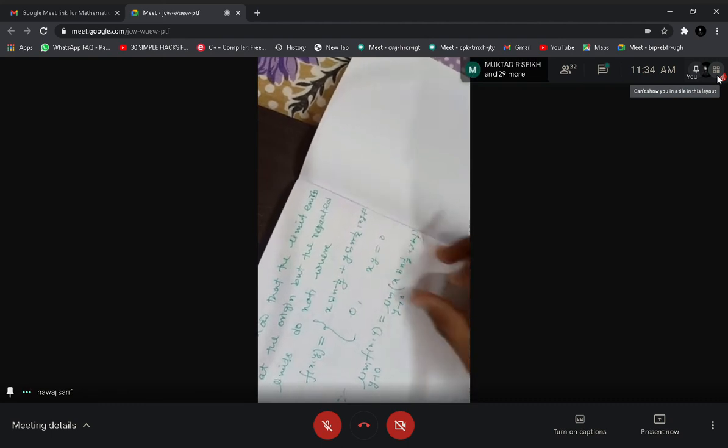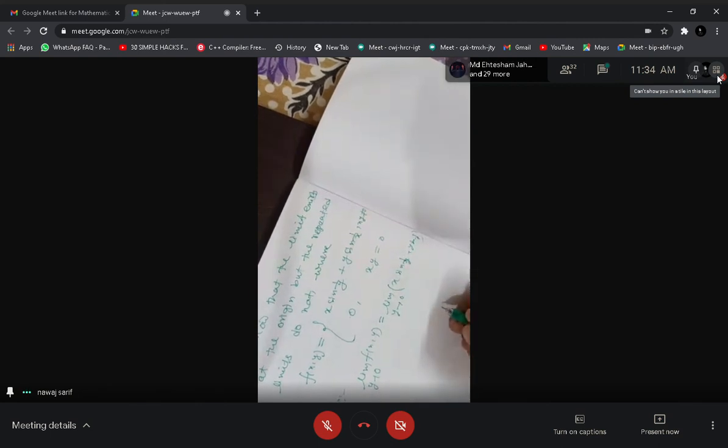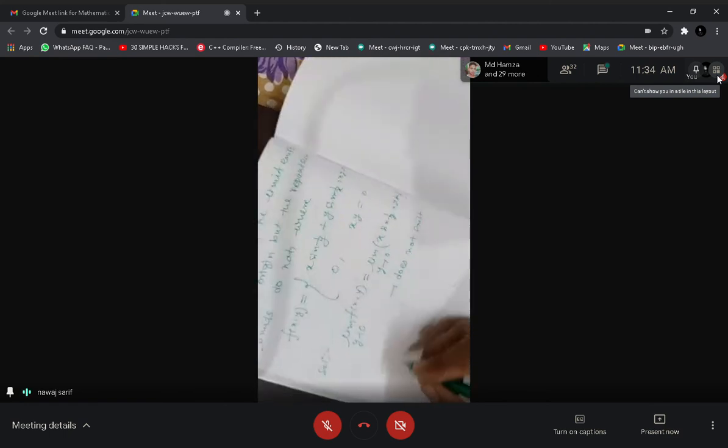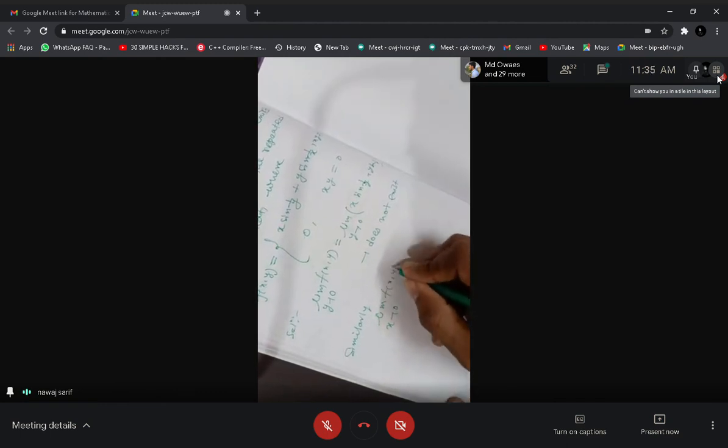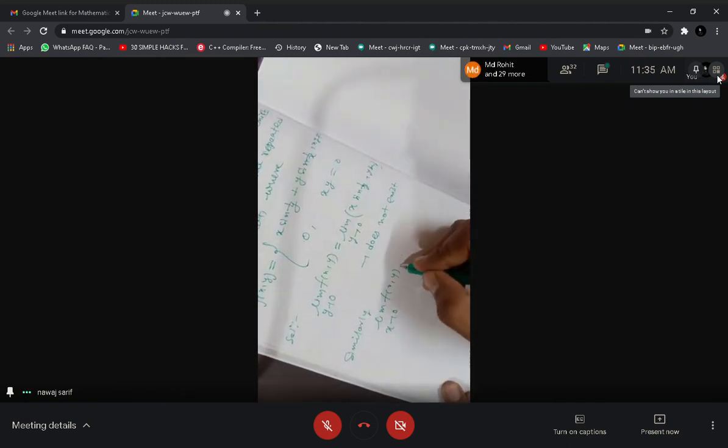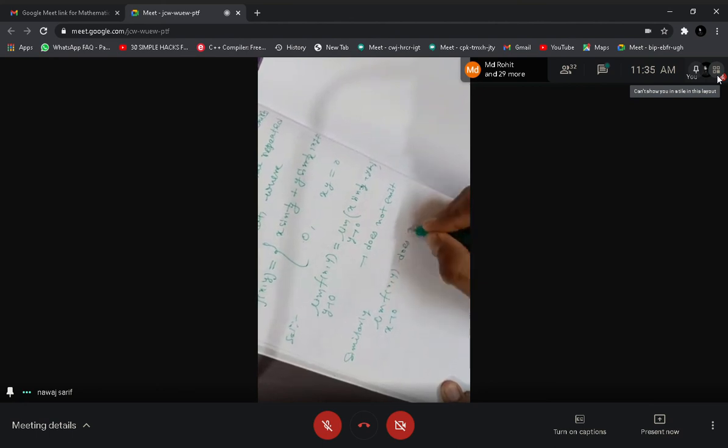Okay, so does this limit exist? No, sir, this limit does not exist, because of 1 by y. So this limit does not exist. Similarly, the limit as x tends to 0 of f of xy also does not exist.